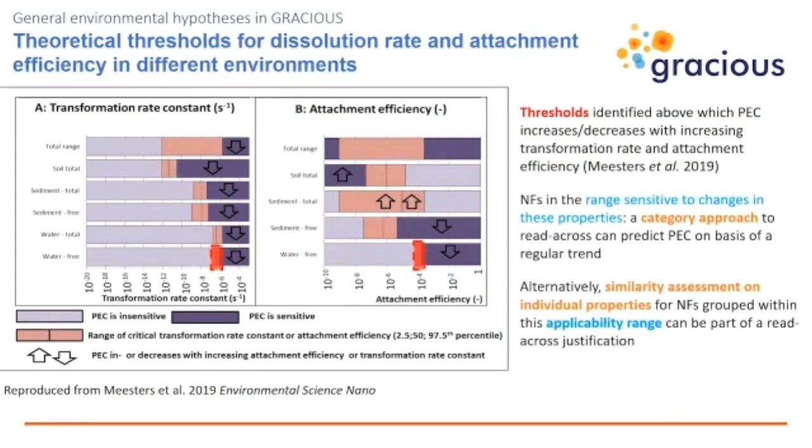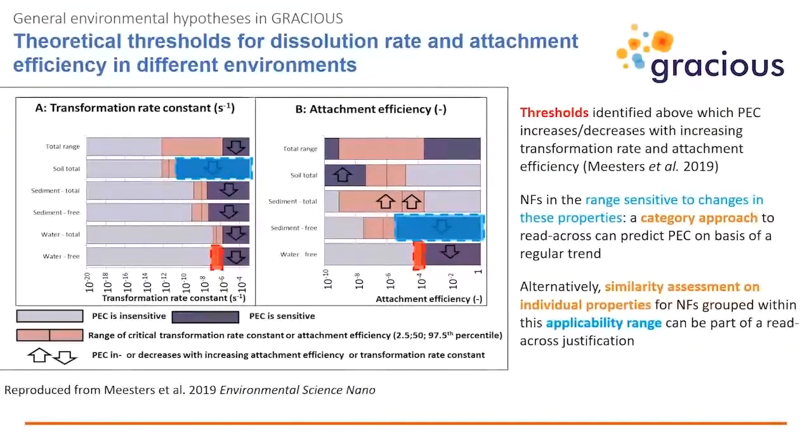When you're in this range, for example, those highlighted in blue here, a category approach to read-across could be used to predict PEC on the basis of a regular trend. Alternatively, as we saw in Nina's presentation earlier, similarity assessment on individual properties of the nanoforms grouped in this applicability range could be used as part of a read-across justification.